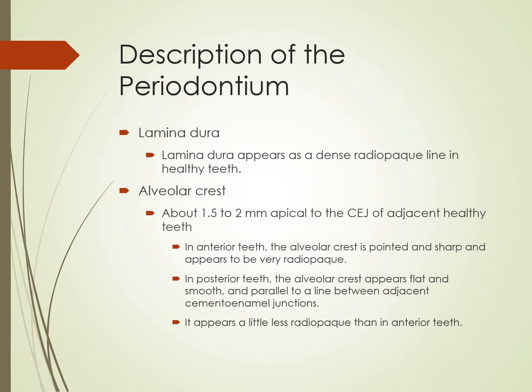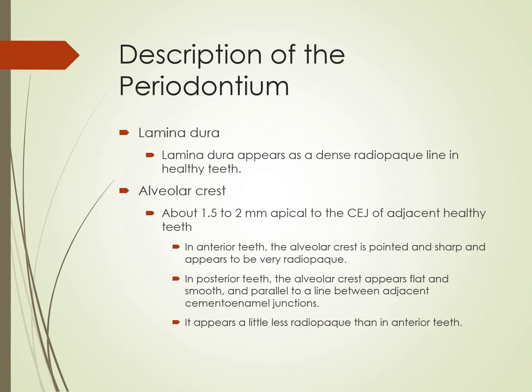Then there's the PDL, the periodontal ligament space, where all of those fibers attach and reach out for the cementum of the tooth. And so the lamina dura tells us a lot about the health of the alveolar bone in relation to periodontal disease, right? Because periodontal disease is literally about the alveolar process, the bone that is there.